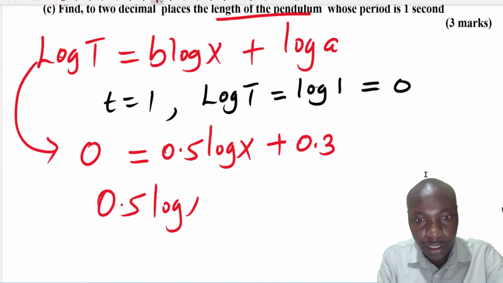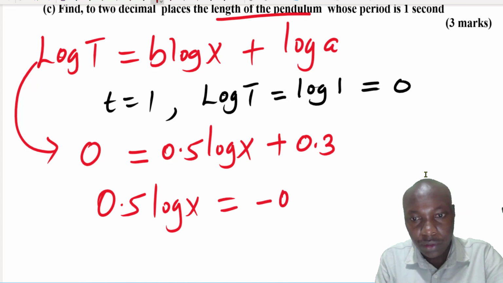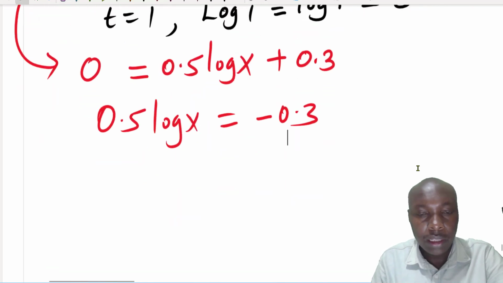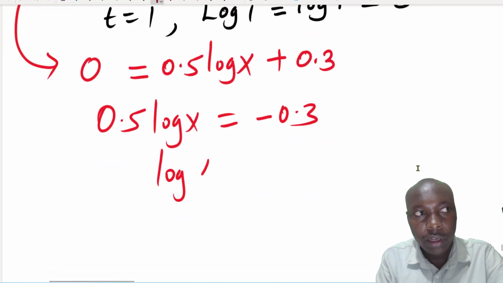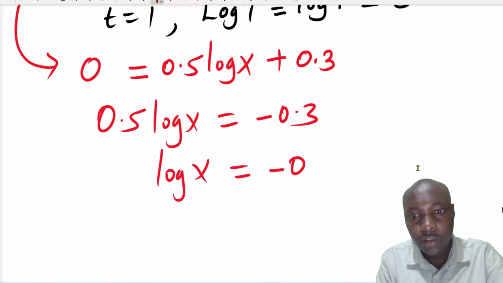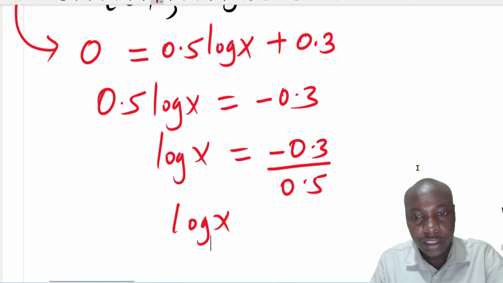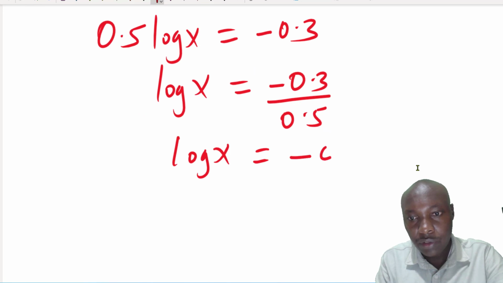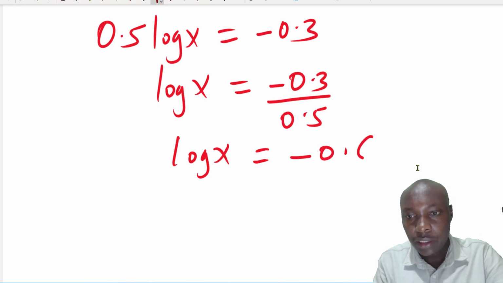So we solve this equation. 0.5 log x is equal to negative 0.3, and working this out, log x is equal to negative 0.3 divided by 0.5. We get the logarithm of x as negative 0.6.